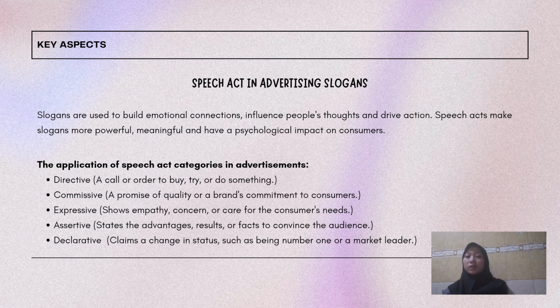The third one, expressives, are used to show empathy or care for the consumer's needs. And the fourth one, assertives, can also be found when a slogan states the advantage, results, or fact to convince the audience. The last one, declaratives, even though uncommon, appear when the slogan states a change in status such as being number one or a market leader.